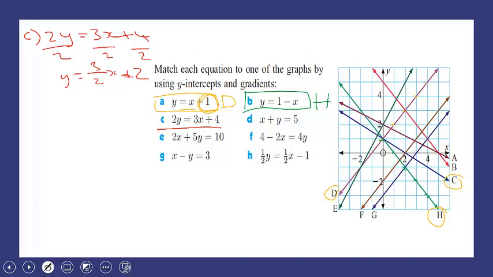Therefore, my y-intercept is positive 2. And if I look at positive 2, my options are A, only A. No, A and E. A and E go through 2. So I go 3 up and 2 to the right. Let's go 1, 2, 3, 1, 2. Looks like the green line. So the answer is going to be E.